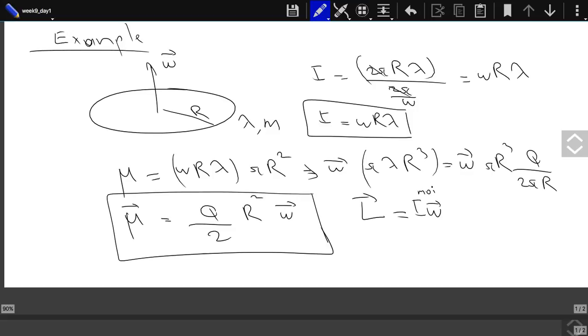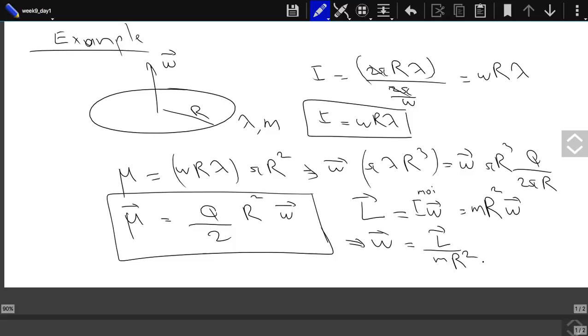What is I for this ring? Mass times r squared. Well, that is for a point charge, but it's also valid for the ring because all the mass is at the same distance from the rotation axis. So L is equal to m r squared omega, or omega is equal to L over m r squared.